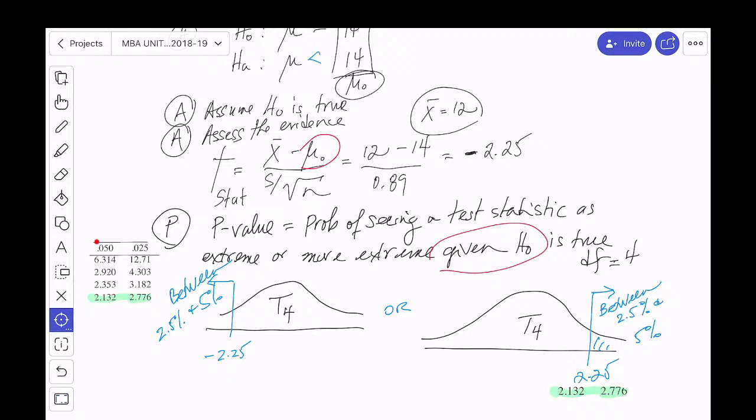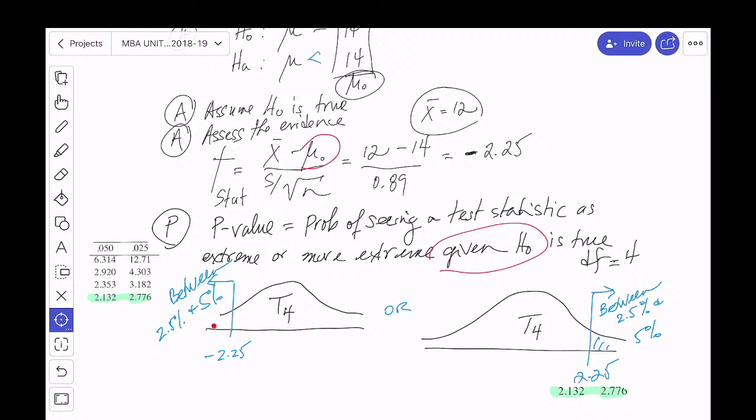It's not 5% because that would have been closer to 0 over here, right? That would have been 5%. And it wouldn't be 2.5% because that would be closer in the tail, smaller.